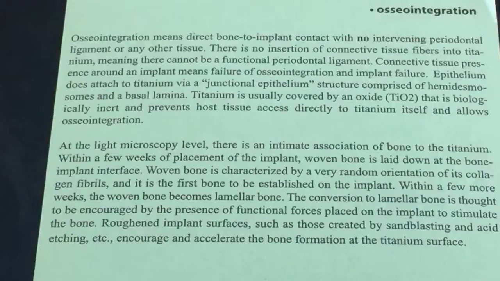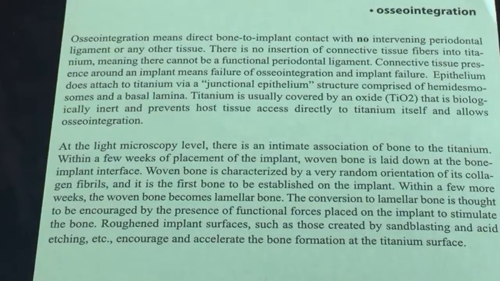Osseointegration means direct bone to implant contact with no intervening periodontal ligament or any other tissue.